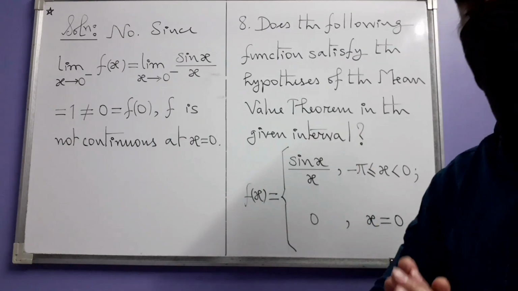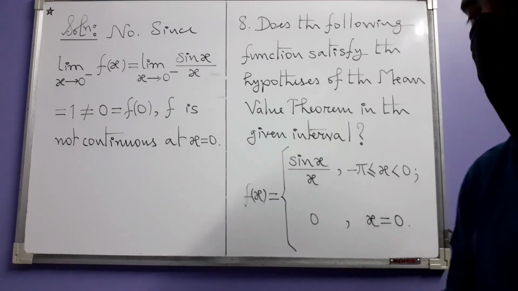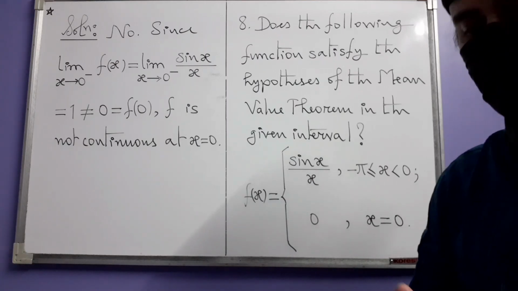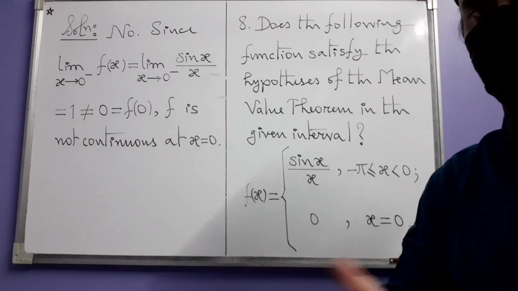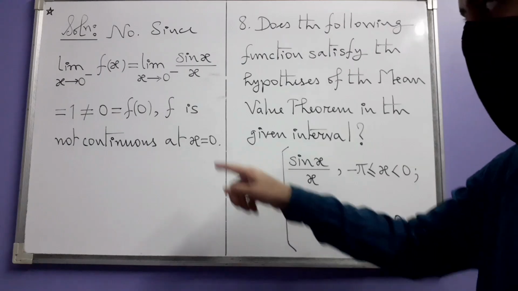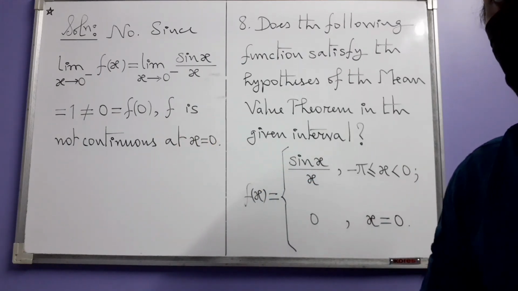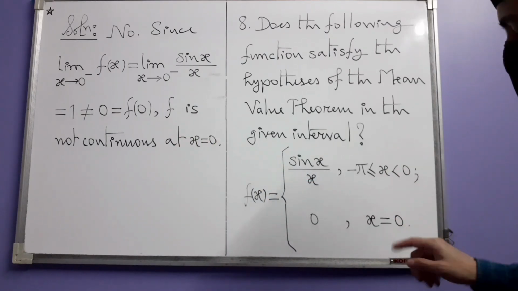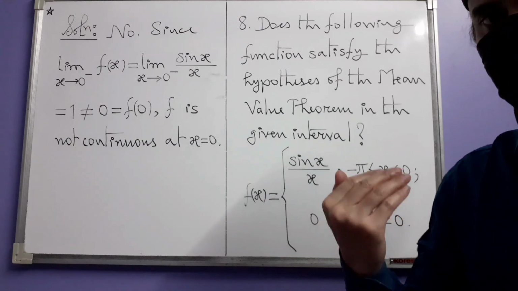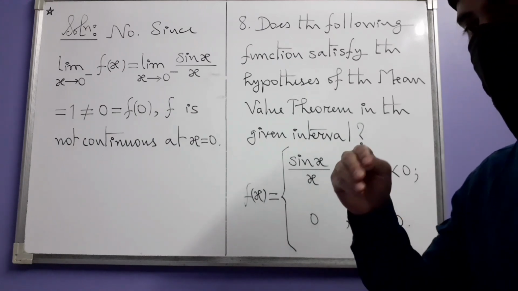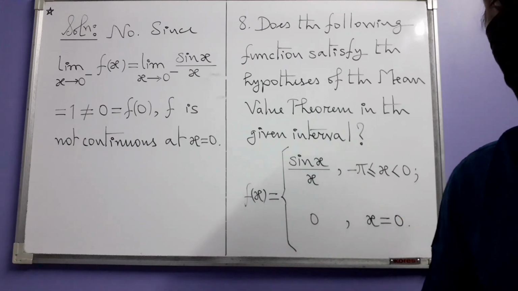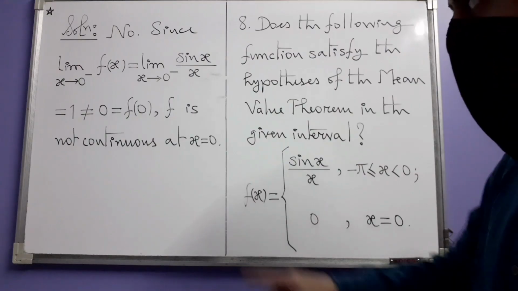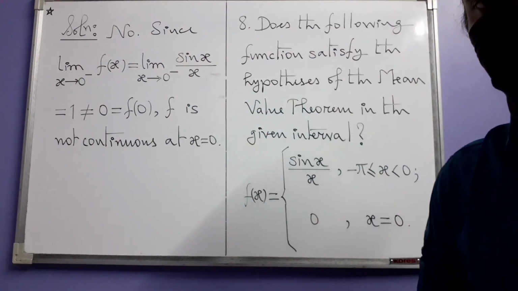Remember that for all the hypotheses of the mean value theorem to be true, we need continuity throughout the closed interval. That's not happening here. And one more thing, because 0 is the right endpoint of the domain, we can only talk about left continuity there. That's why this one-sided limit.